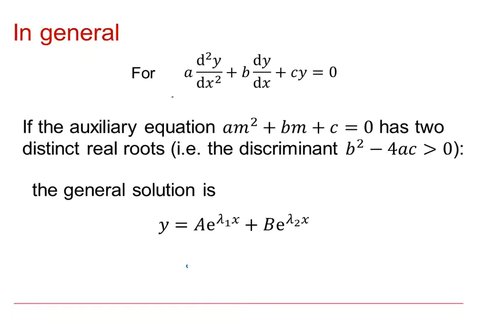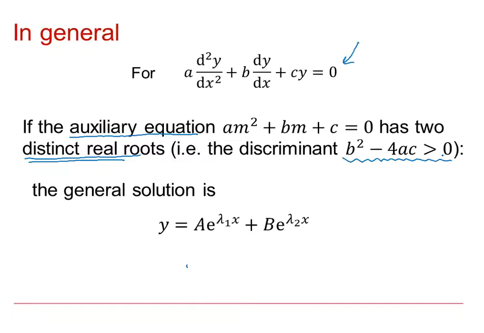So to generalise what we've seen so far, we've looked at a second order differential equation, and we looked at the case where the auxiliary equation had two distinct real roots, and that was because the discriminant of our auxiliary equation was greater than 0.